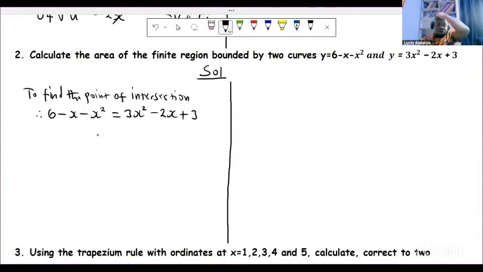Good. So I want to collect like terms. Or let me move everything to one side.